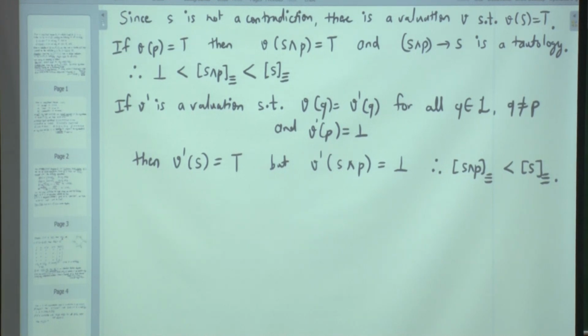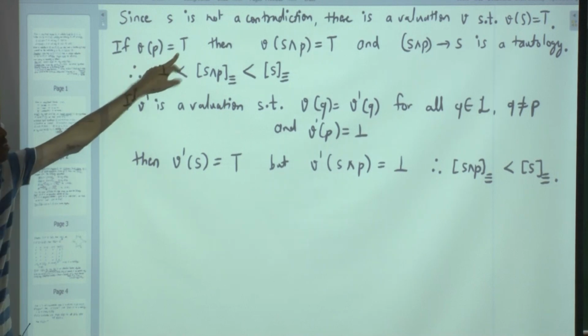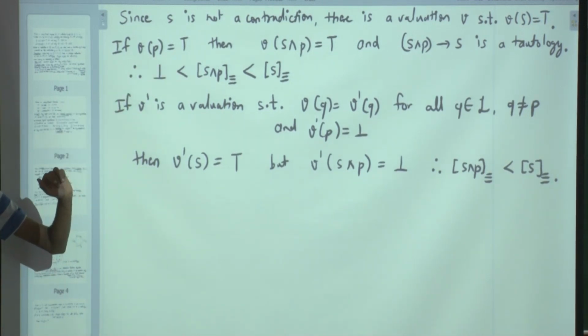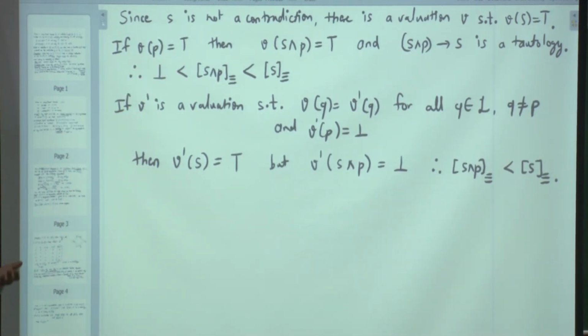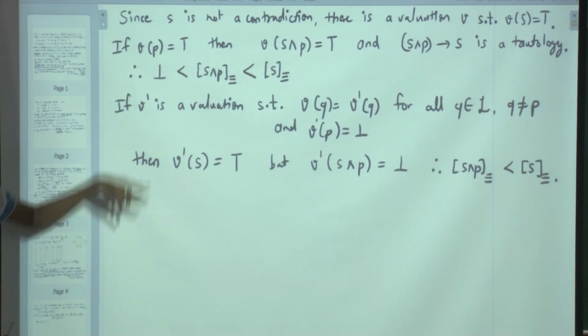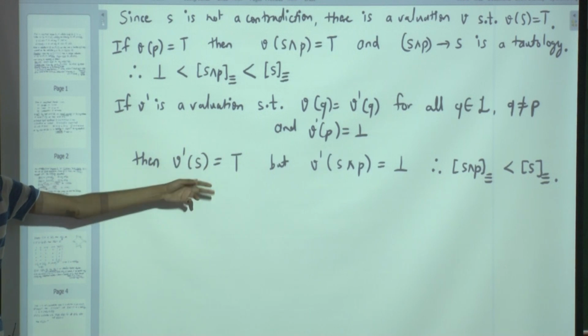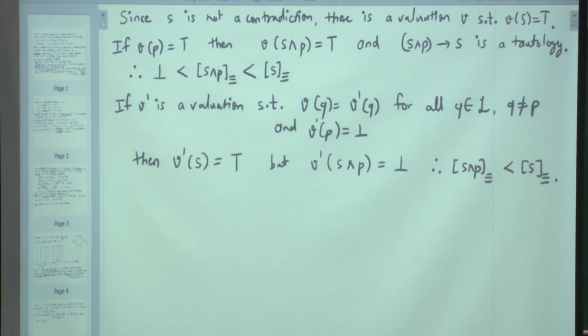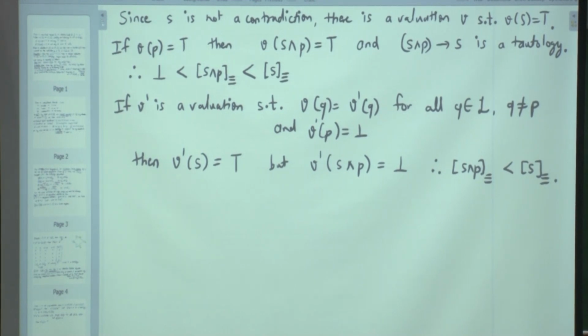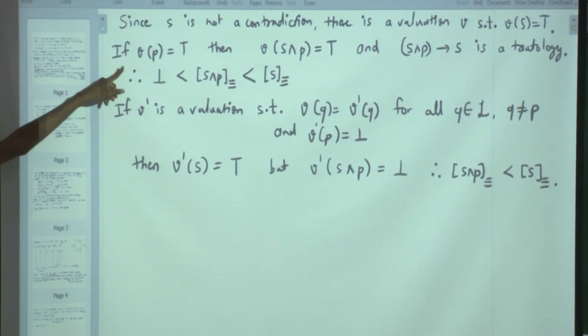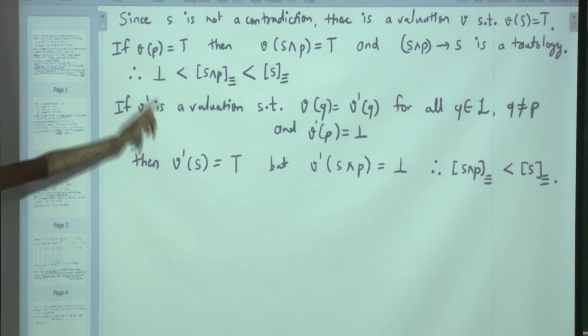One last sentence. This argument worked because V of P was true. If V of P is false, then you instead use V prime to argue, and you swap the roles of V and V prime and the same argument will work. V was chosen because V of S is true.